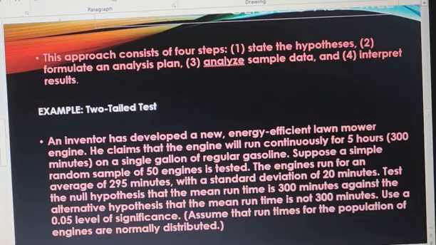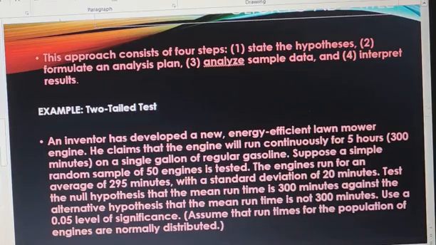An inventor has developed a new, energy-efficient lawnmower engine. He claims that the engine will run continuously for 5 hours, 300 minutes, on a single gallon of regular gasoline. Suppose a simple random sample of 50 engines is tested.